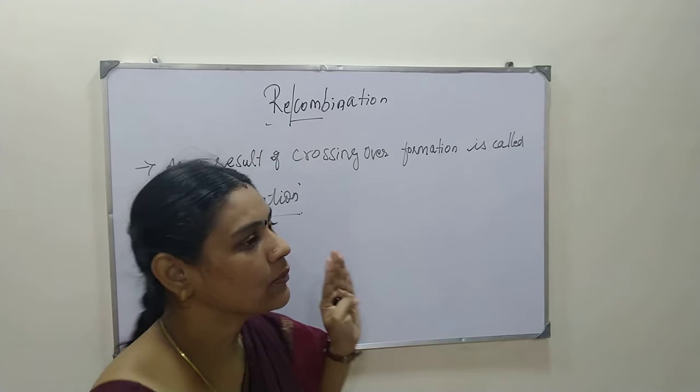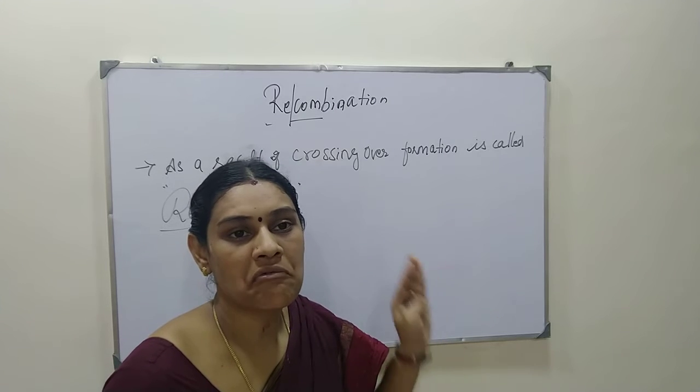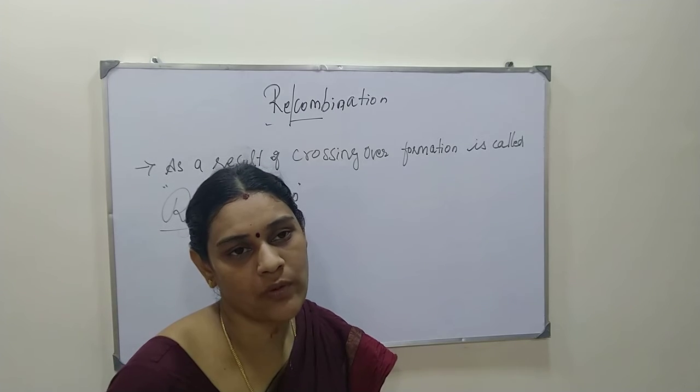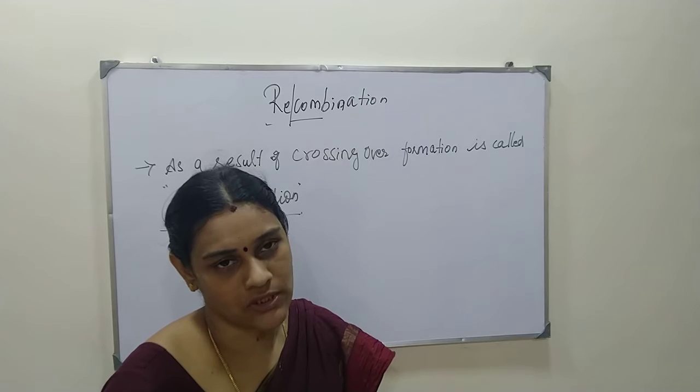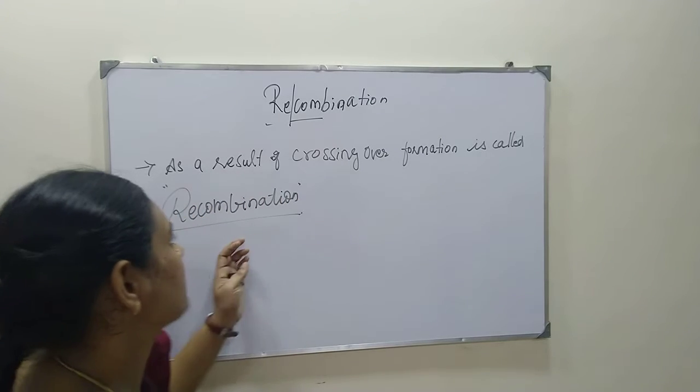So this recombination is formed by the result of the crossover mechanism or the crossover formation. This is just the introduction.